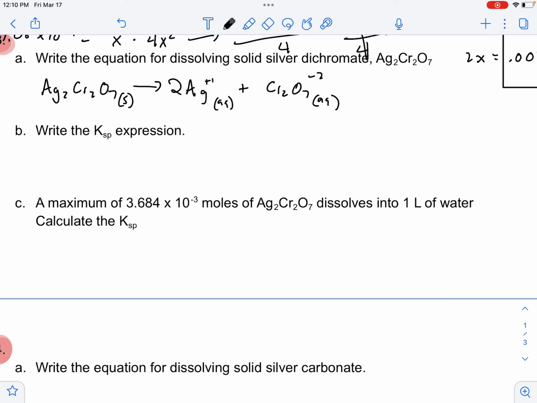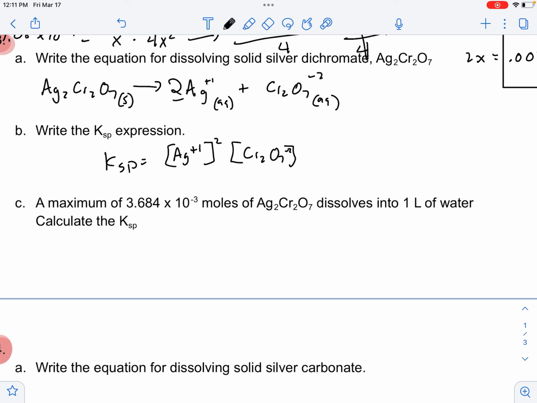Now, in writing the KSP expression, it's the same setup that we had from the lab. So KSP equals your products over reactants. Now your products are aqueous, your reactants are solid, so we're not including the reactants. So we have Ag+1, and this is going to be squared because of our coefficient 2.